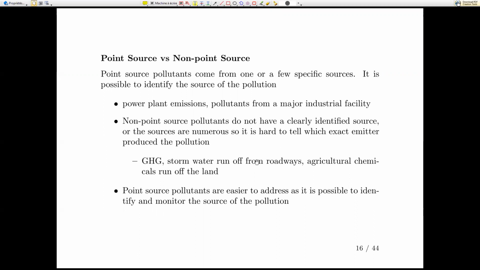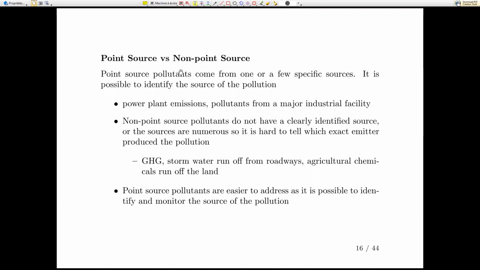So again, stop me if you have questions. So point source versus non-point source. Point source pollutants come from a specific source. What makes it easier is of course then you have only one actor to talk to, so it's easier to legislate. What's more complicated is when everybody emits pollution, then you really need large scale interventions.